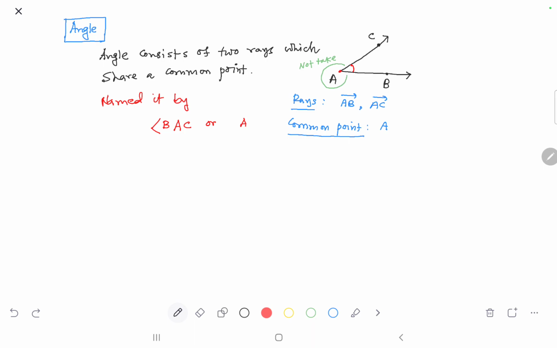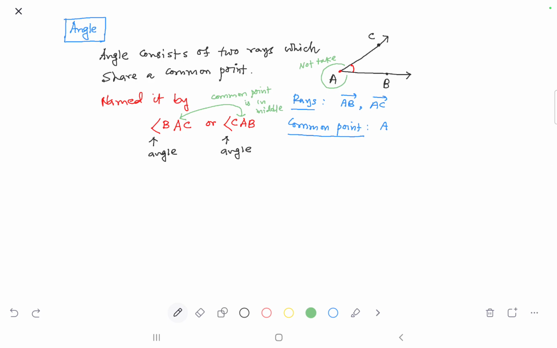Always you have to take A in the middle. Okay, this is the angle notation. Mohammed, clear? The important thing is that we always take the common point in the middle whenever you write the angles.